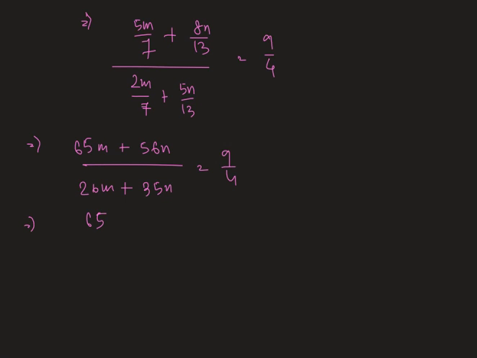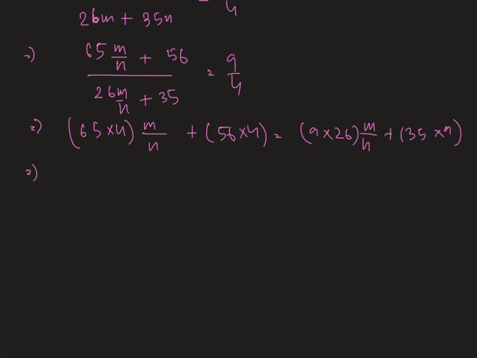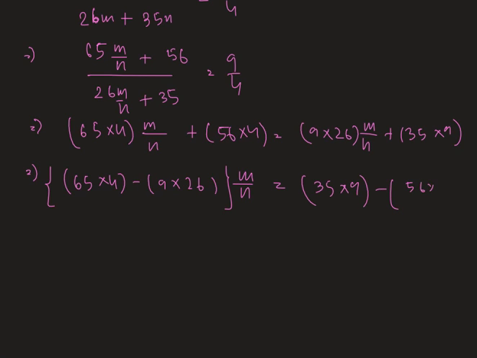Now if we divide n in both the numerator and denominator, we get (65m/n plus 56) divided by (26m/n plus 35) is equals to 9/4, and after cross multiplication we get 65 into 4 multiplied by m/n plus 56 into 4 is equals to 9 into 26 multiplied by m/n plus 35 into 9, and from this we get (65 into 4 minus 9 into 26) multiplied by m by n is equals to 35 into 9 minus 56 into 4.